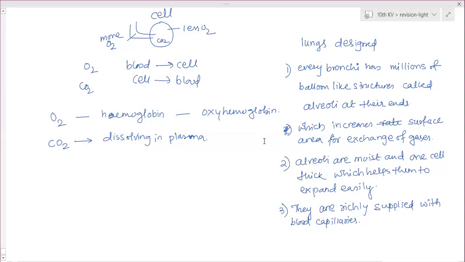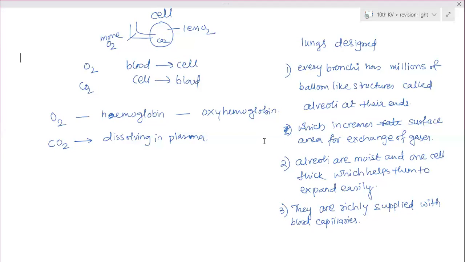Ma'am, there is always a little amount of gas, oxygen, left in the lungs even after the severest effort of breathing. Yes, which continues the exchange process. When we breathe out, the exchange of gases doesn't stop. It is a continuous supply, and it gives more time for the gaseous exchange.